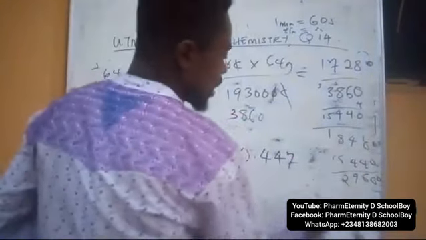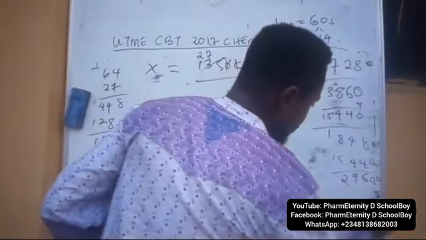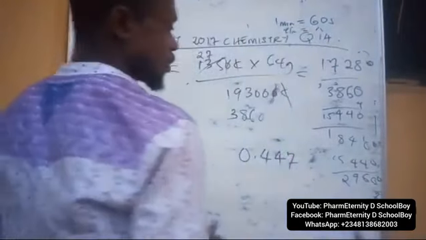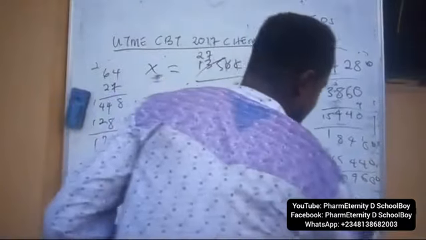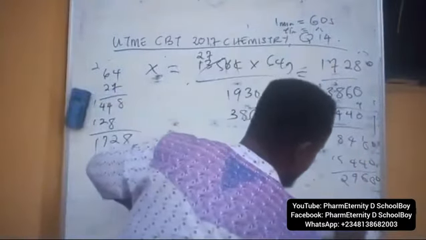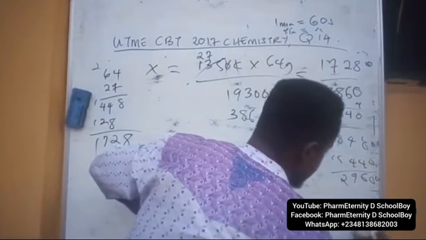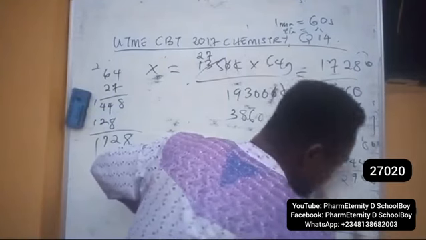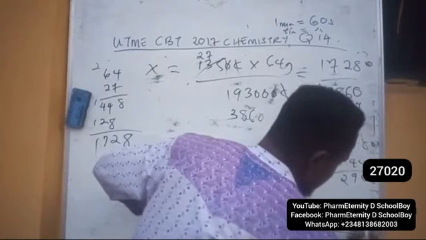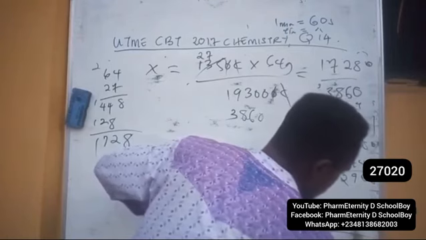If you put 7 here, let's multiply 3,860 by 7 and see what we got. 7 times 0, 0. 7 times 6, 42.